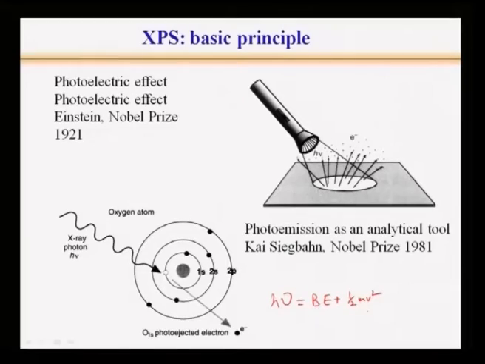So by measuring the binding energy, I can exactly say what kind of element is present, and the electronic state, whether the electron is coming from the 1s, 2s or 2p shell. Not only that, one can even tell the spin of the electrons, that is why there is 2p 1/2 or 2p 3/2. So this is a major discovery made by Kai Siegbahn in 1981. He got the Nobel Prize for this, you must not forget.